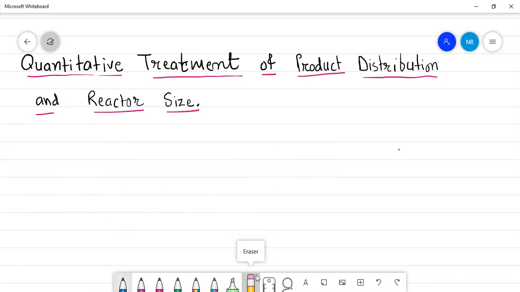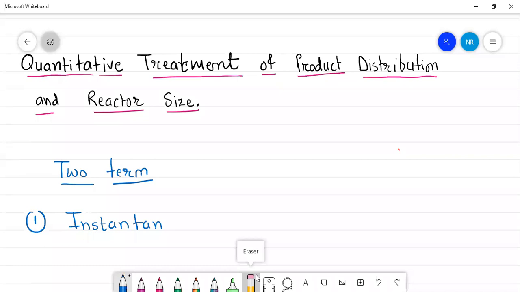The first one is the instantaneous fraction yield, which we call psi. So what is the instantaneous fraction yield?